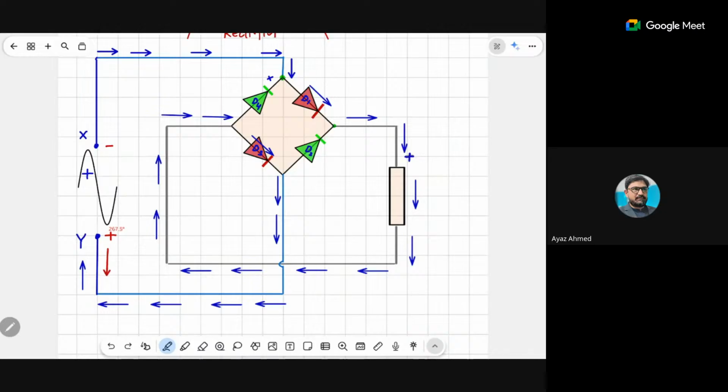Okay, this is the new journey. So this will continue in the same way. For example, I will try to draw fewer arrows for you.